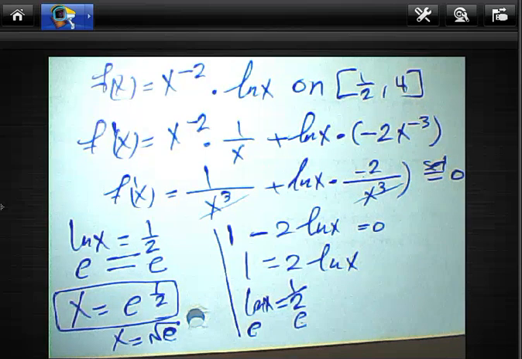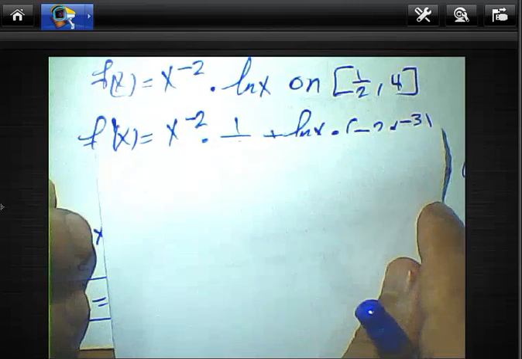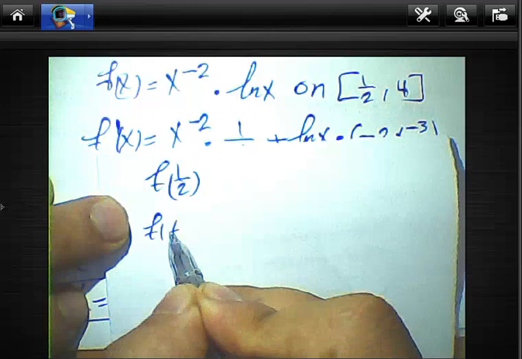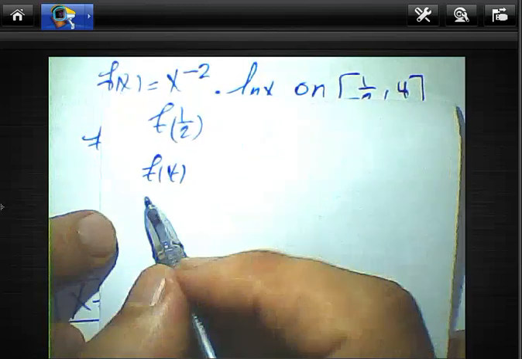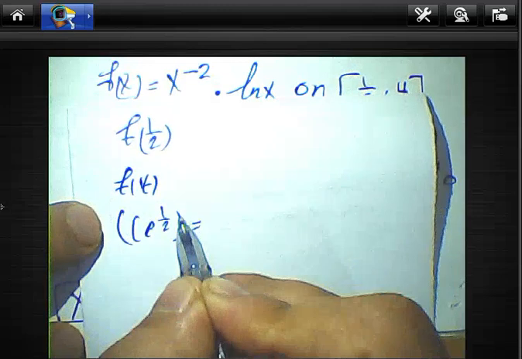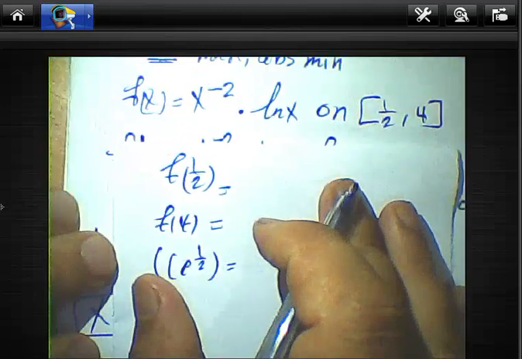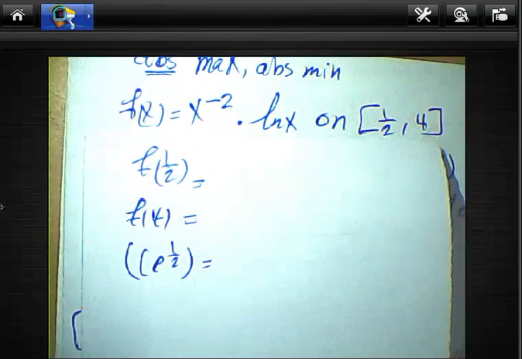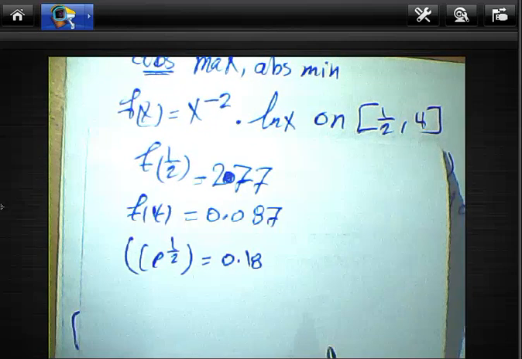We find f of 1/2, f of 4, and f of e to the power half. You can use a calculator to find the result from this expression. I will do it here. This is the result from using the calculator.